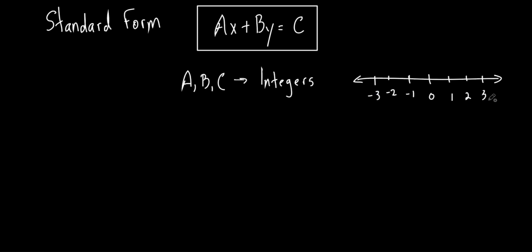Does it just stop at 3? No, that arrow means it keeps on going. And a lot of times we'll put a ... What does a ... represent? That it keeps on going, right? And you could go this way too, because the negatives go to the left. That means it keeps going that way. Do you see all these numbers right here? What do you think they're all called? Integers. They're all called integers.